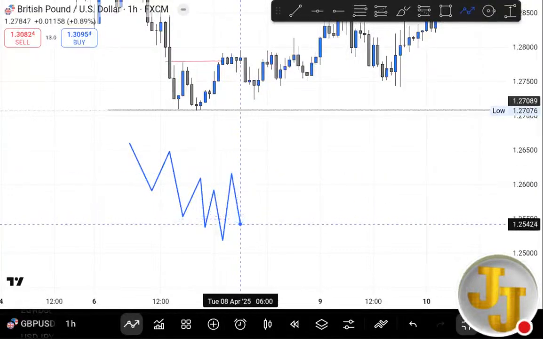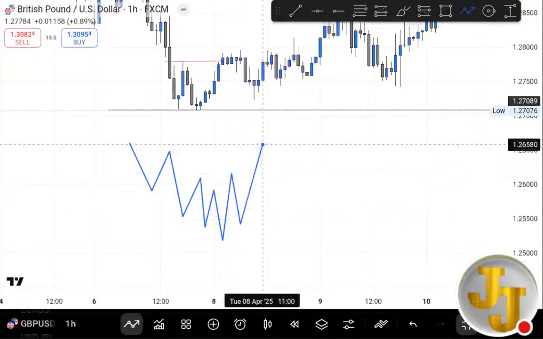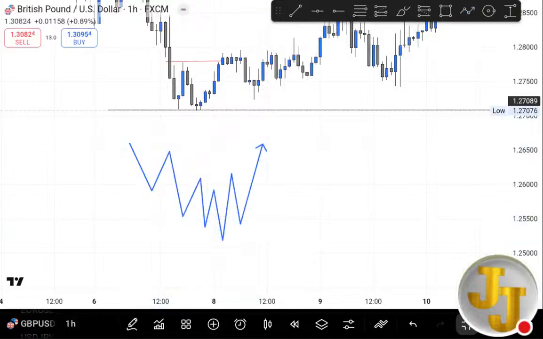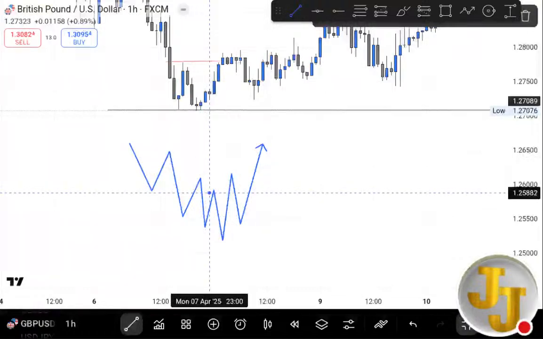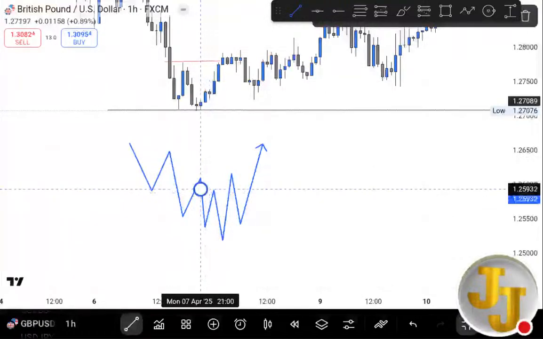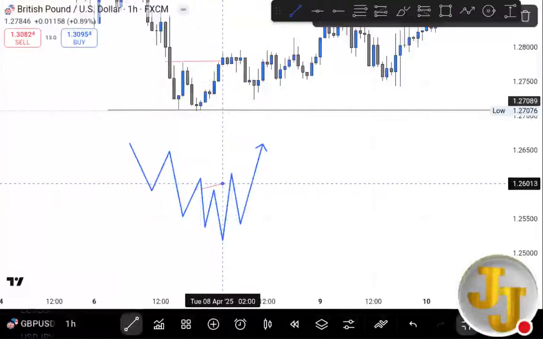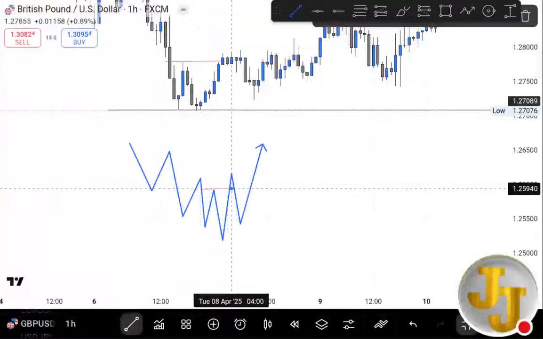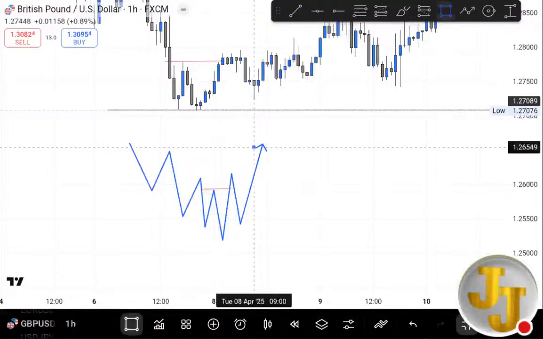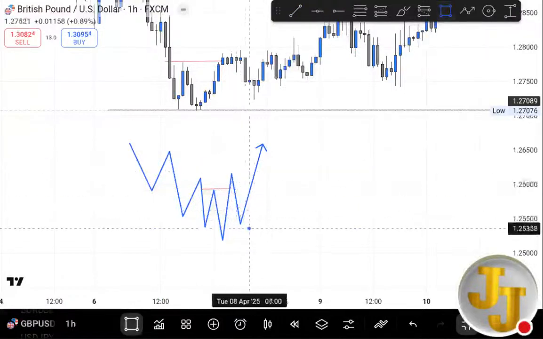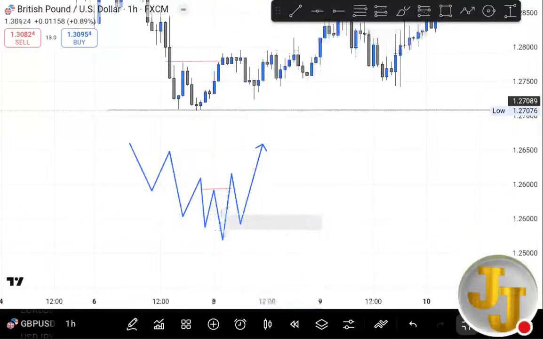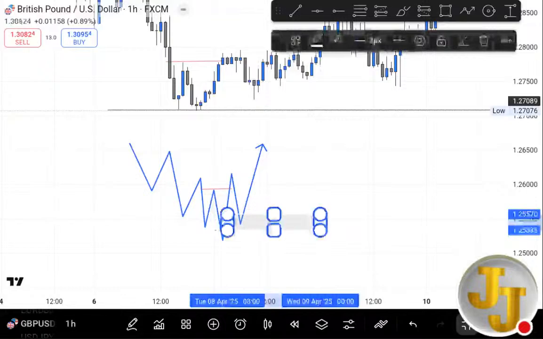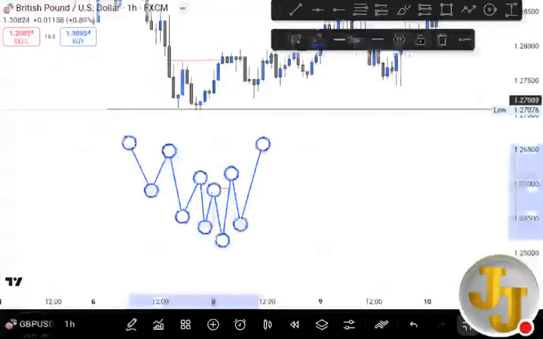That's why it makes a market structure shift, or you can call it a change of character. We always trade this shift in market structure or change of character, right? When it reaches there, always target something. We always enter from somewhere here when we get a change of character on any pair we are trading.